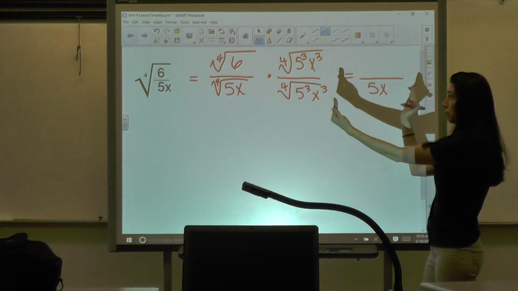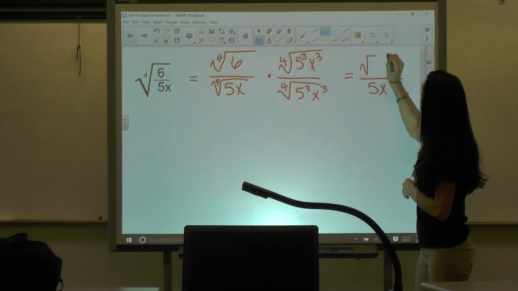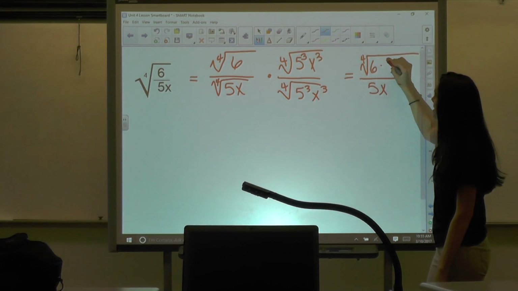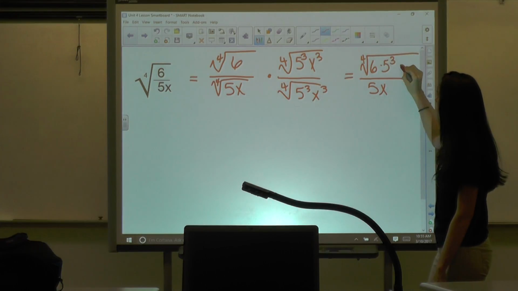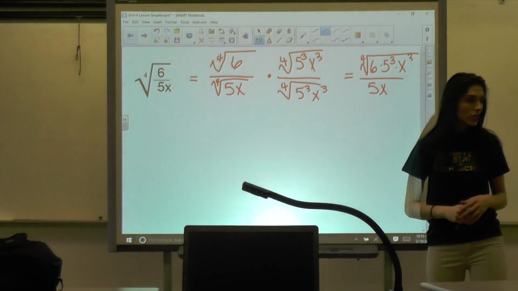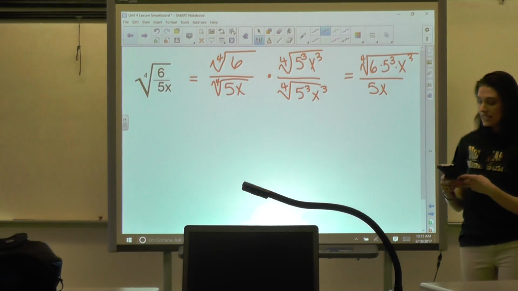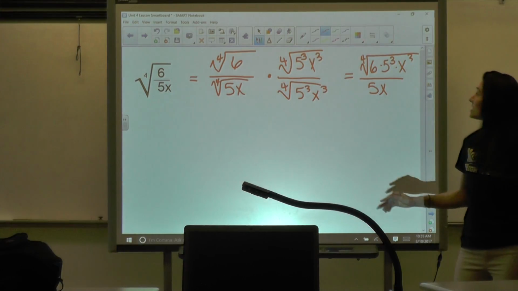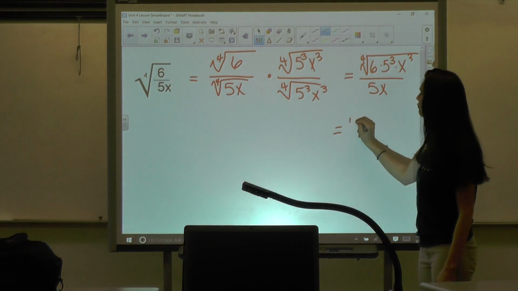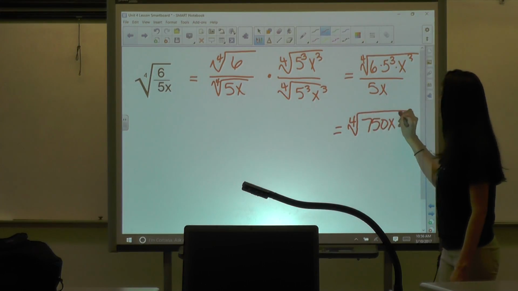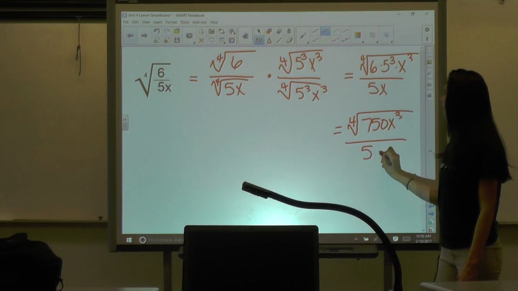So once we put these together, we have the 4th root of 6 times 5 cubed times x cubed. You're going to have to type 6 times 5 cubed into your calculator to find out what that is, which is 750. So the 4th root of 750 x cubed over 5x.